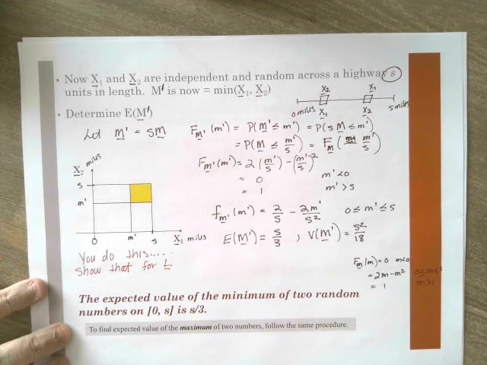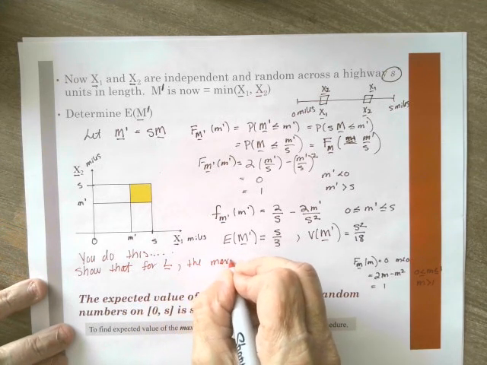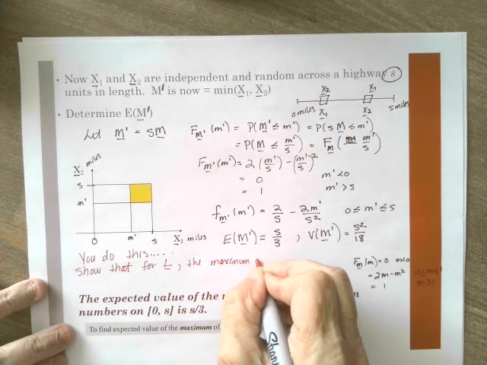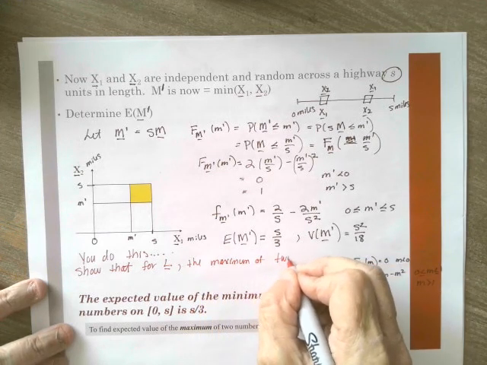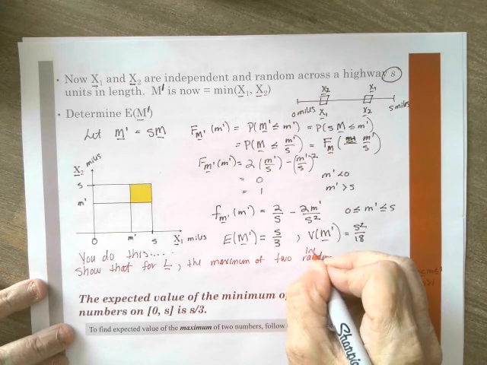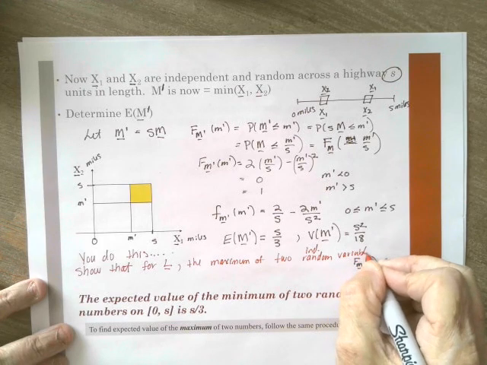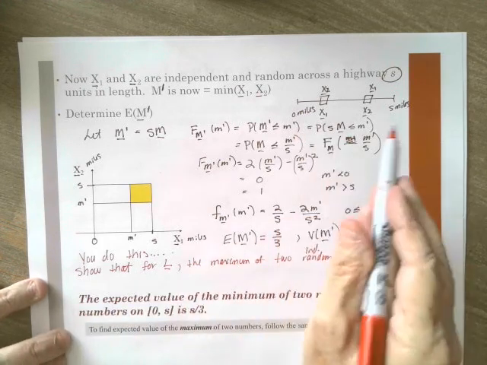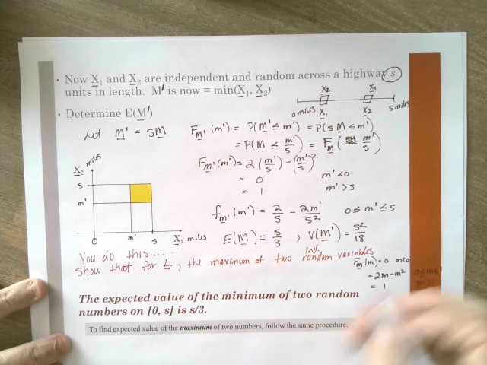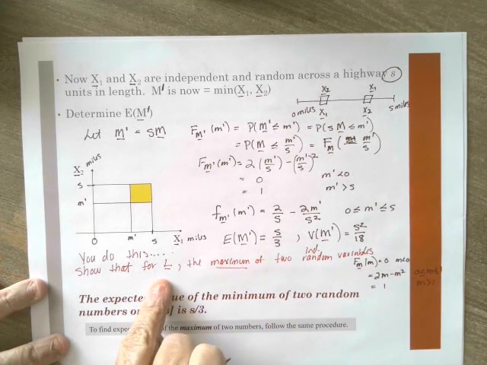L is a new random variable, the maximum of 2 independent random variables, same as these here, both continuous uniform. So I want the maximum of these two, and I'm going to call it L.